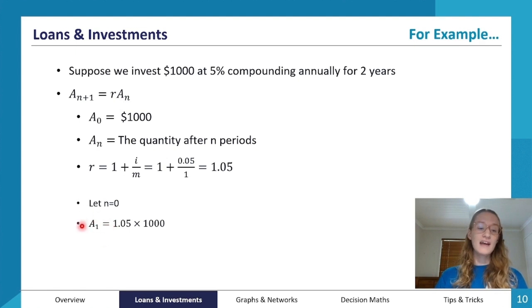So that's what we've done here: A1, the amount after 1 period, the amount after 1 year, in this case, is equal to 1.05, the factor by which it's growing, multiplied by the amount that we had to start with, which is in this case $1,000. And that gives us $1,050. So here we can see that the quantity after 1 year is $1,050.